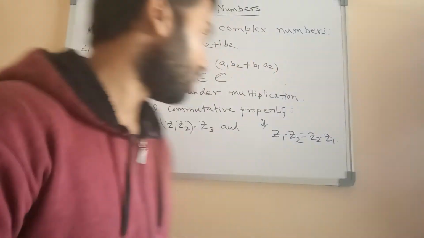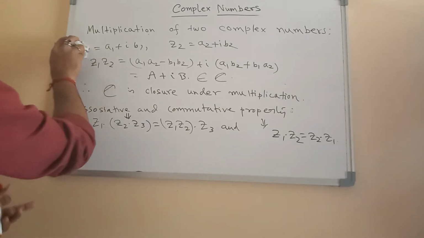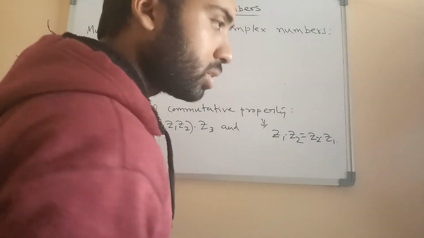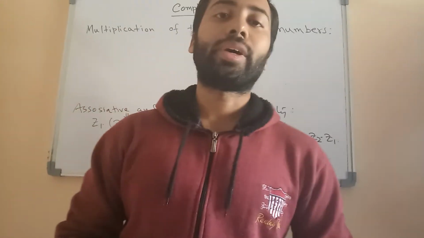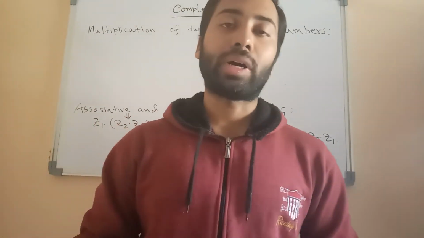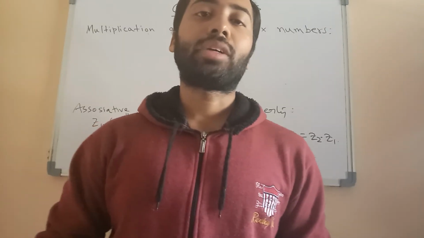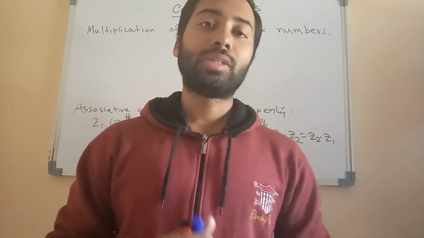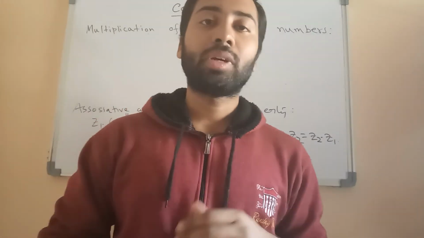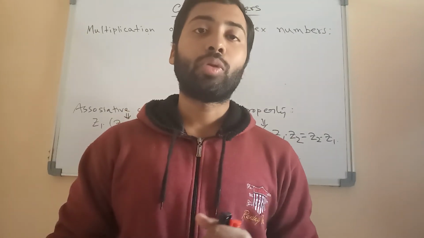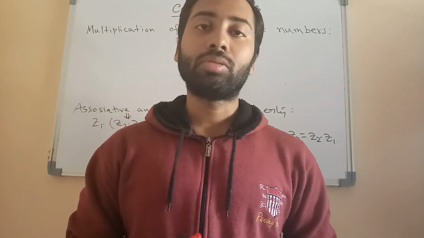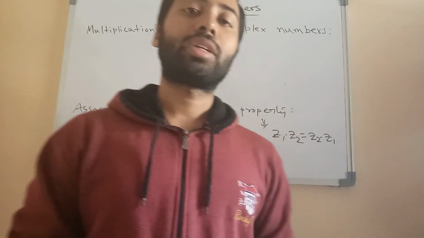First let's have a look at the multiplicative identity. As I said in the case of addition, additive identity means if I choose any number x and add any number y to x, then I will again get x. The value of y was 0, that means x plus 0 equals x. The same thing will happen in the case of multiplication. If I choose any number x, what should be multiplied with x to get x again? In the case of real numbers it is very easy to say, the value is 1. That means x into 1 is x.